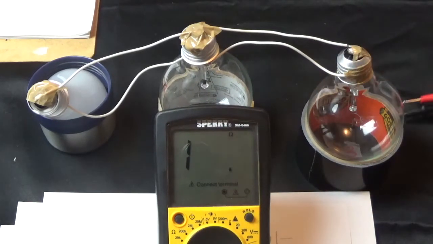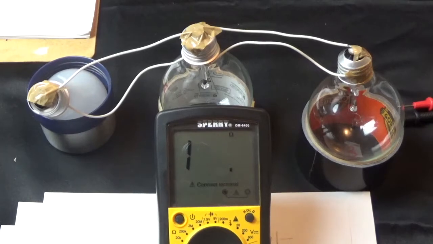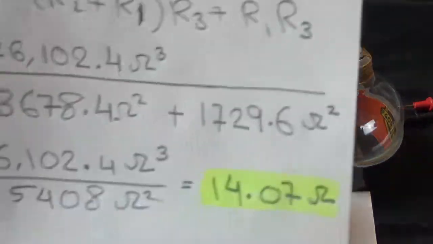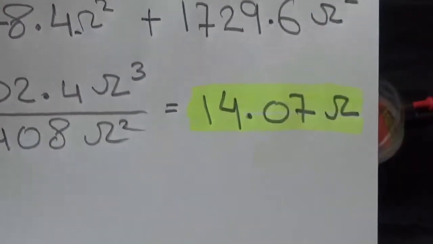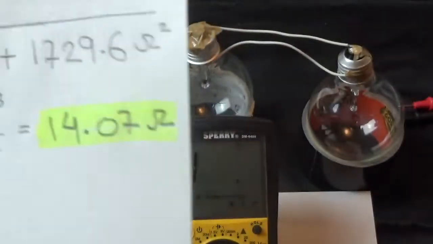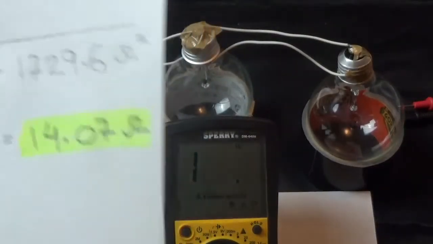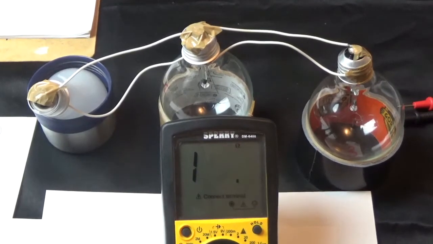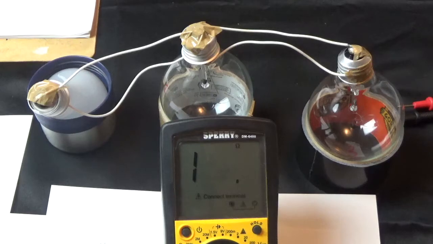And if we go to the number that we calculated, we will notice that we have 14.07 ohms, which is correct, and the error is very small, I believe. This is great, guys. So we are done with step number 3. Let's go now to step number 4, which is related to Ohm's law.